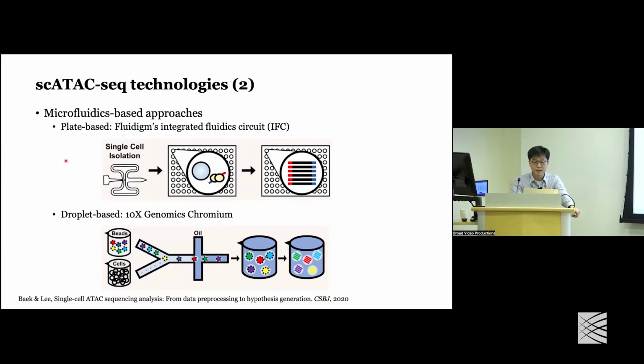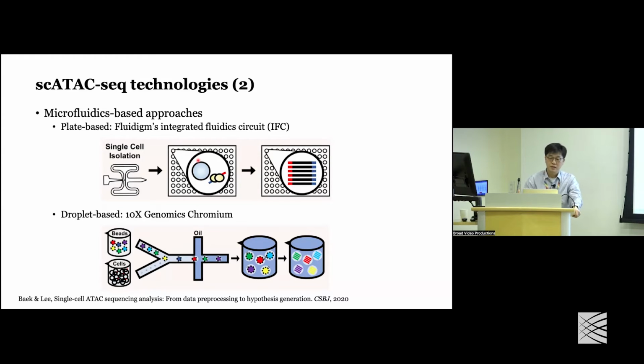The first method is a plate-based approach where a microfluidic chip is designed to directly capture single individual cells and place each of them into a microwell, shown here, on a plate, and then perform ATAC-Seq on each microwell separately.